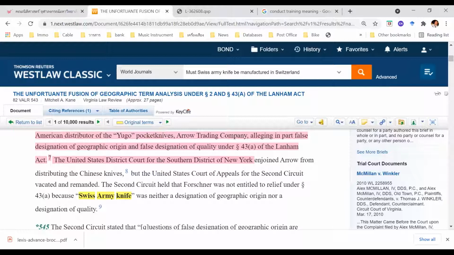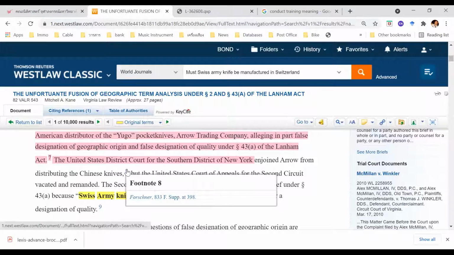You cannot use the Swiss Army knife. You just say this is a Chinese knife or something like that. I don't want you to make the buyers confused about the quality of the knife.